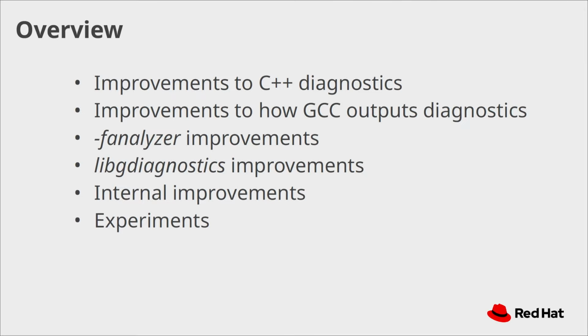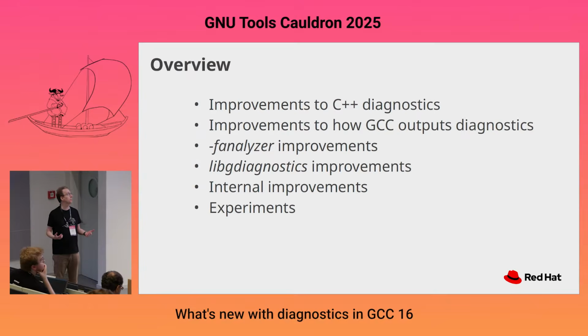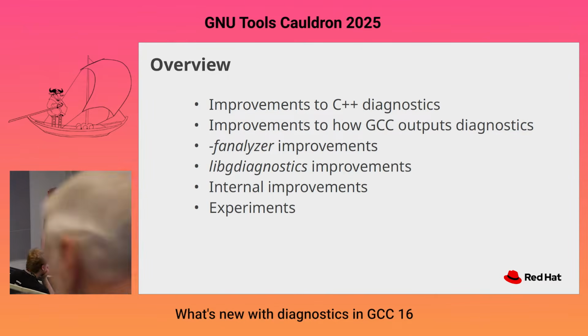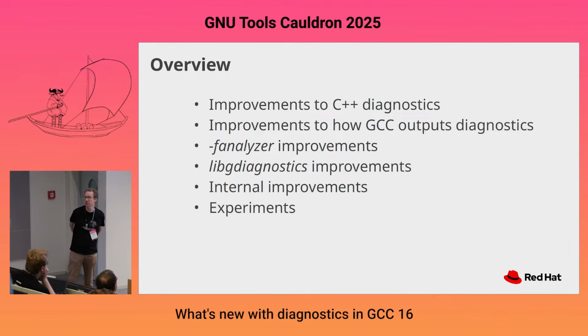The improvements to how GCC outputs diagnostics, and by diagnostics I mean errors and warnings and that kind of thing that the compiler emits. There's -fanalyzer, which is the static analysis pass for GCC that I added back in GCC 10, and the improvements I've made in GCC 16.